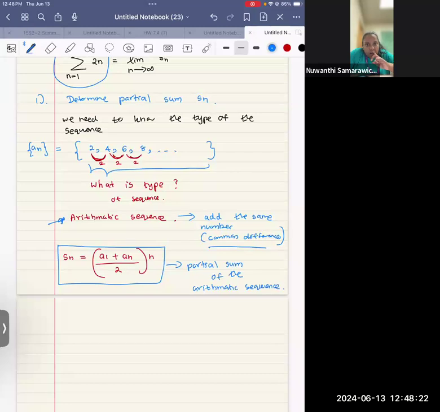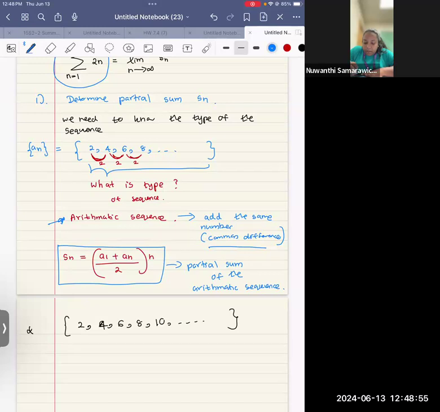Have you done any of this, geometric series, anything? Okay, I see most of you don't know. So if this is our sequence, 2, 4, 6, 8, 10, like that.